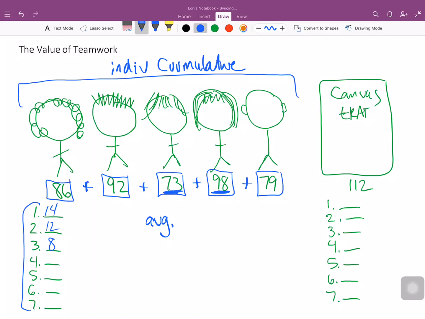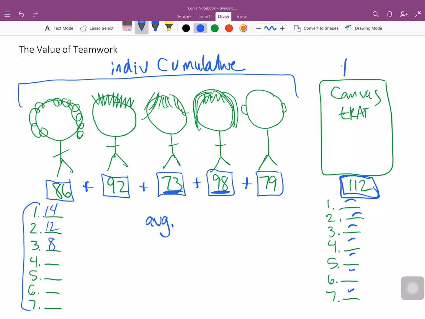Can't spell. C-U-M, get rid of one of the U's. Individual cumulative. Also, your team overall had 7 scores, and if you added all of those 7 scores up, you would end up with a cumulative team score.